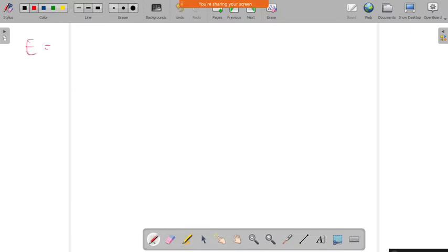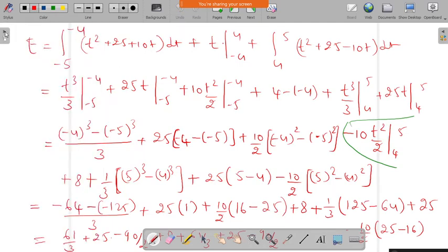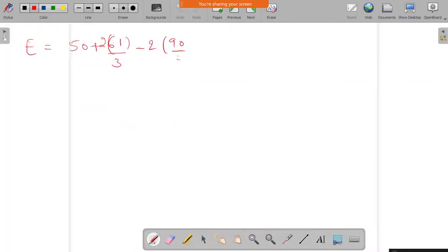Okay, energy will be equal to 50 plus 61 by 3, that is 2 times 61 by 3 minus 2 times 90 by 2. So this will cancel each other.